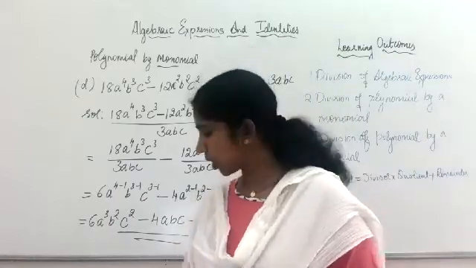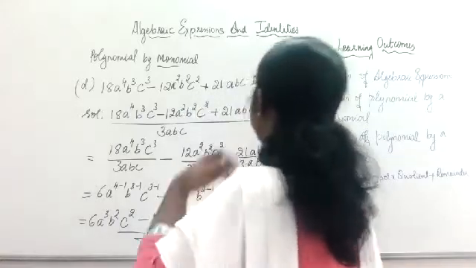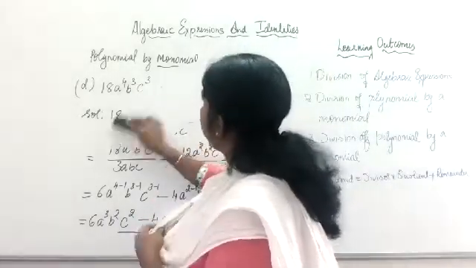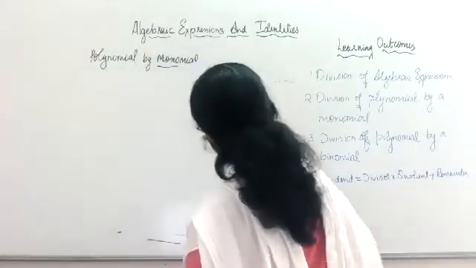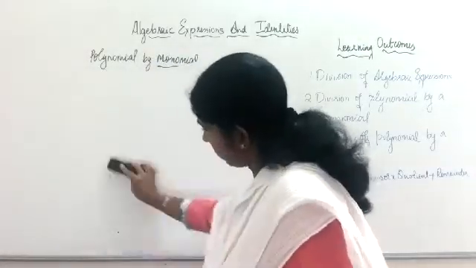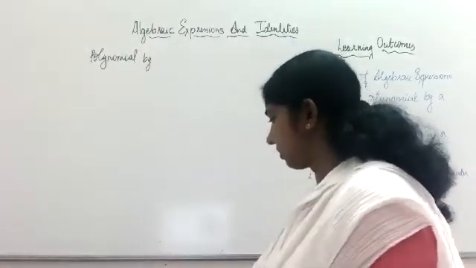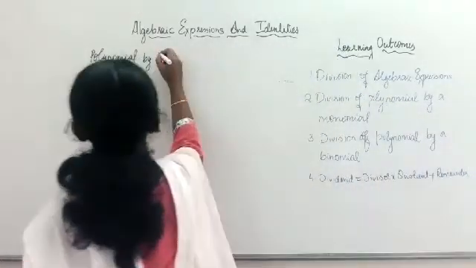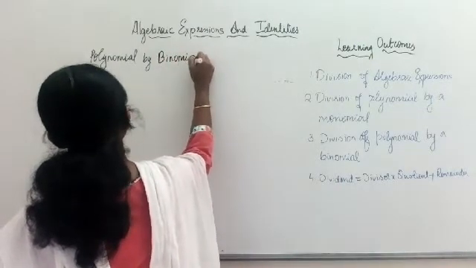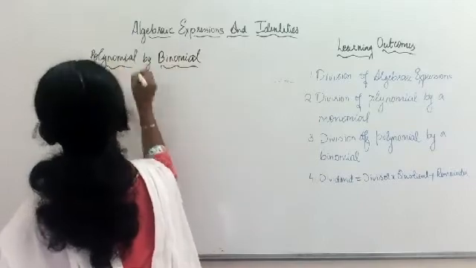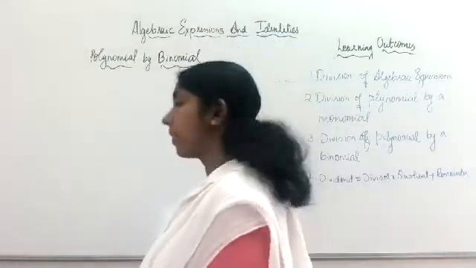Next, we will go to the important concept, that is polynomial by a binomial or a polynomial. Polynomial by a binomial is the next concept that we are going to do.